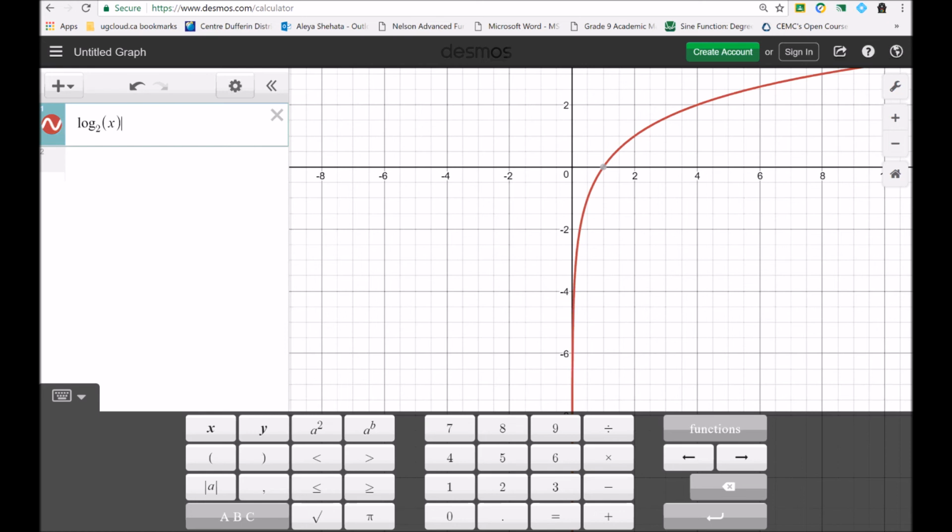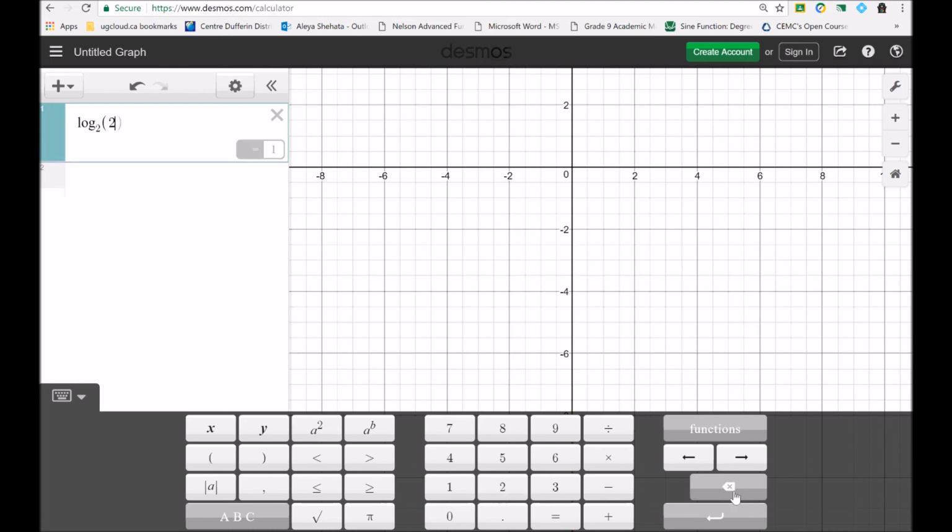Just like when we did the inverse, the range there was all y values greater than 0. We're swapping them now. The x and the y are interchanged, so this is telling us that our x values have to be bigger than 0.